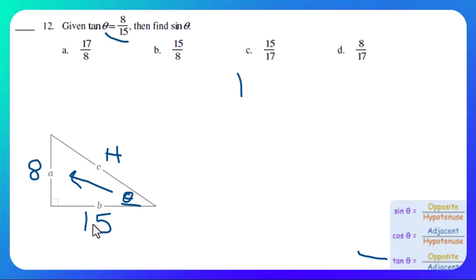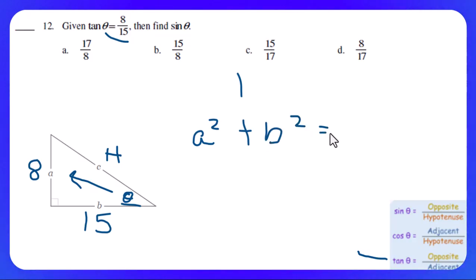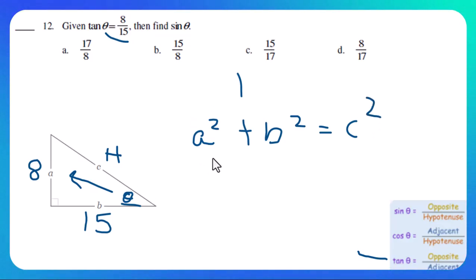We need to use the Pythagorean theorem, a squared plus b squared equals c squared, to find the hypotenuse. Let's make A 8. 8 squared is 64.